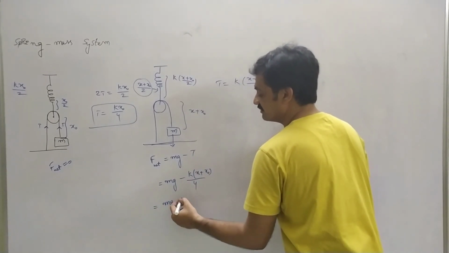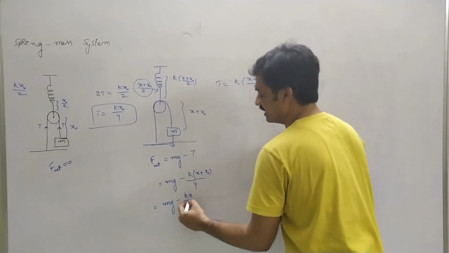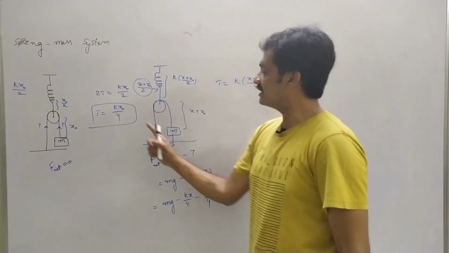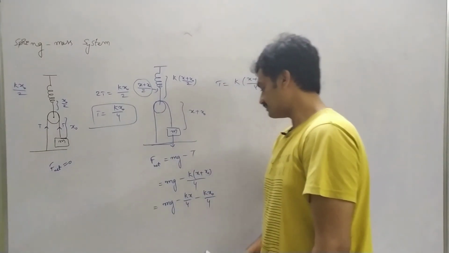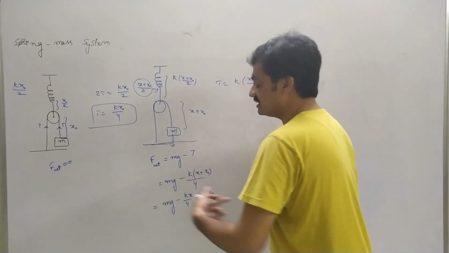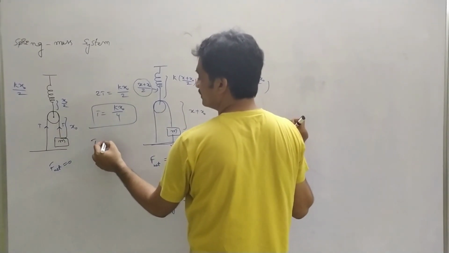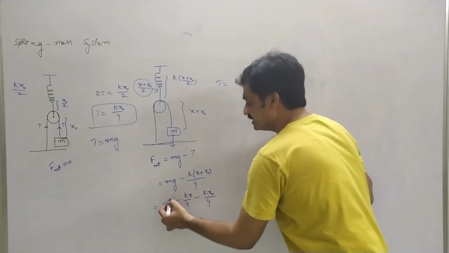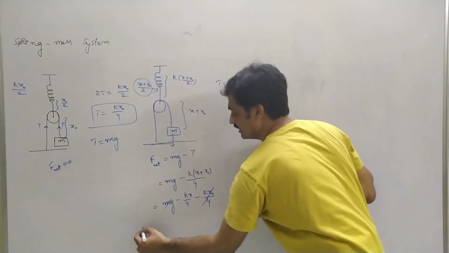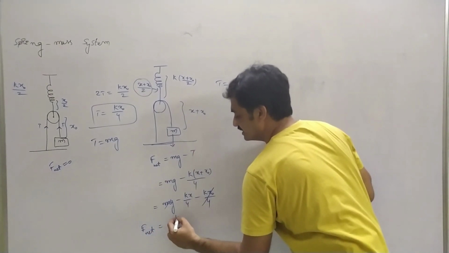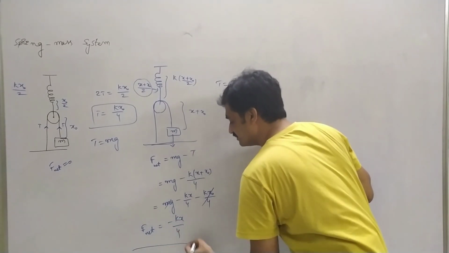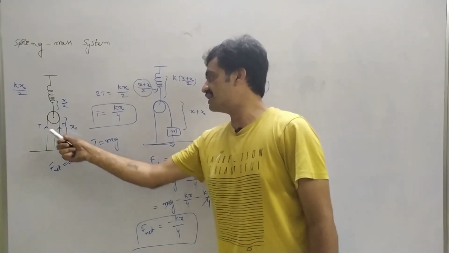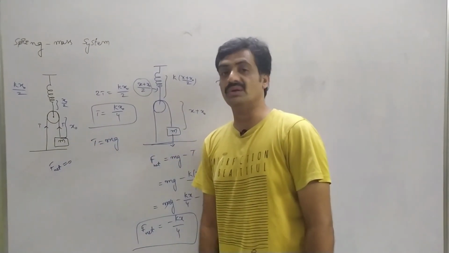As we split it, we have mg minus kx by 4 minus kx naught by 4. Observe that kx naught by 4 is equal to T. Then we know that tension T is equal to mg. So in the place of kx naught by 4 we can substitute mg. As we substitute, mg and mg get cancelled and we have net force F net is equal to minus kx by 4. So this represents the net force acting in the case of the spring when a mass is attached to the spring by using a pulley like this.